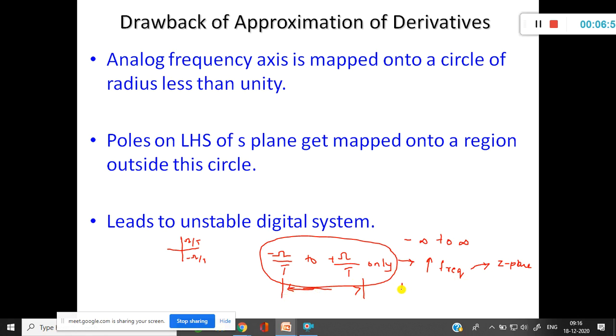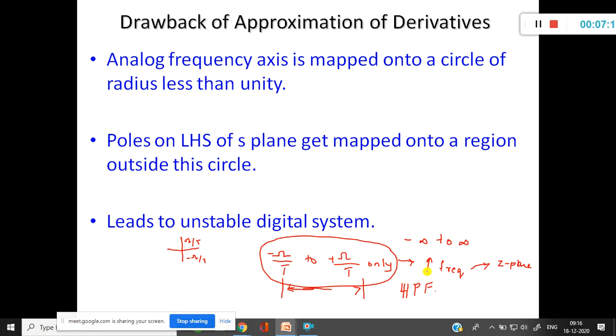So it fails to map the high frequency components or high pass filter. It was good for designing only the low pass filter. The impulse invariance method is not that suitable for designing the high pass filter.